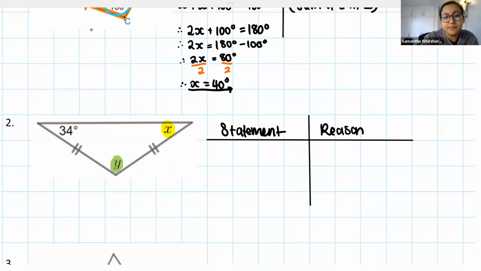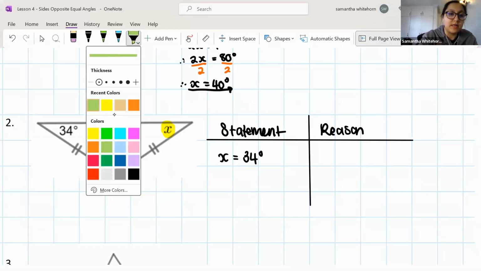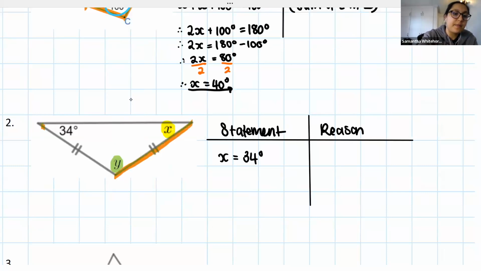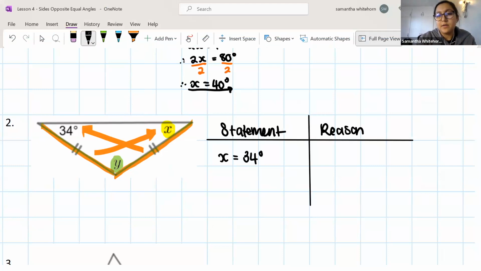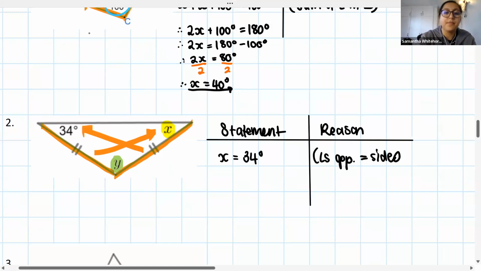So here, x is equal to 34 degrees. Why? Because if I go back to my diagram, I've got 2 equal sides. We know that the angles opposite those sides are equal to each other, and so that is why x is equal to 34. Angles opposite equal sides.